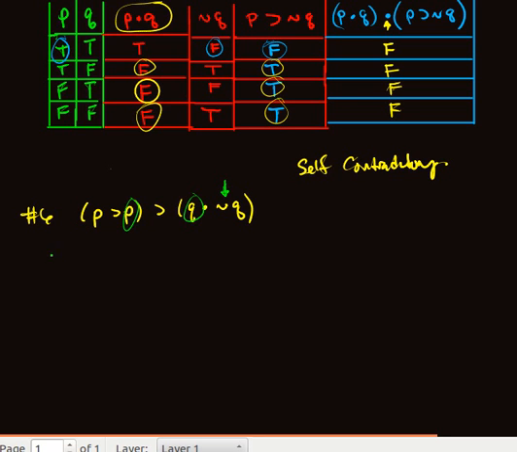So we have, let's just do a little truth table over here. We've got P, and we're gonna have Q, and let's just try to make this neat. Okay, so 1, 2, 3 and 4.